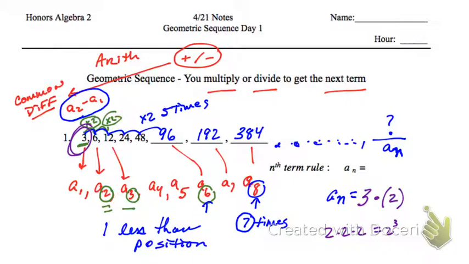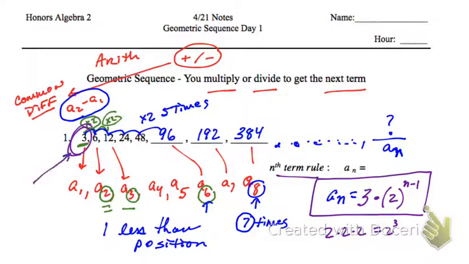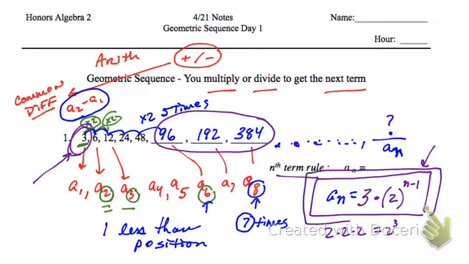So we would multiply by 2 n minus 1 times, and this becomes our nth term rule for this geometric sequence, and that's what we want to be able to do today. On your homework, you're going to have to be able to find the next 3 terms, and you're going to have to be able to write the nth term rule for that specific sequence. And this slide's getting a little cluttered up, but there you go.